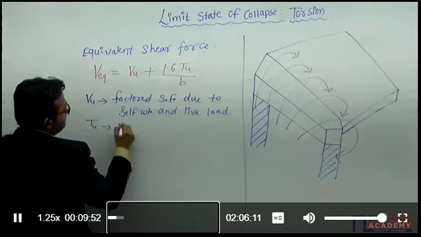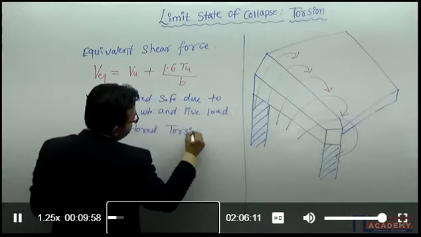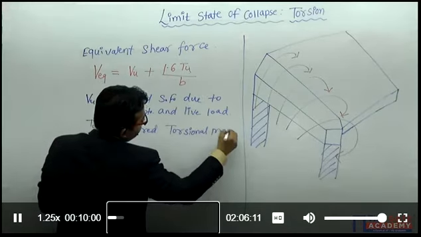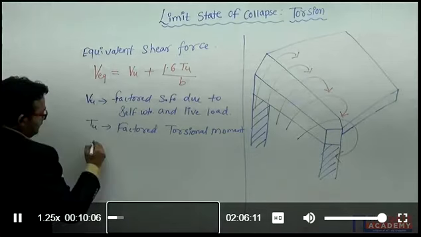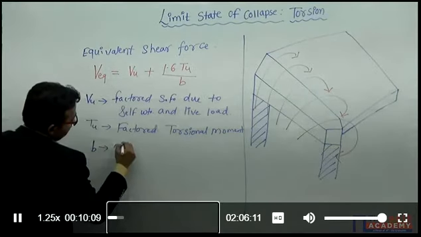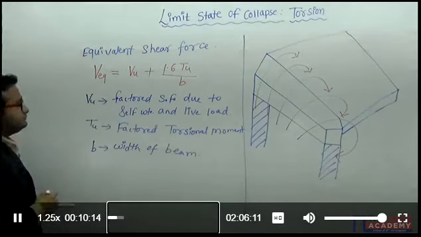TU is the factored torsional moment. B is the width of beam. Right?